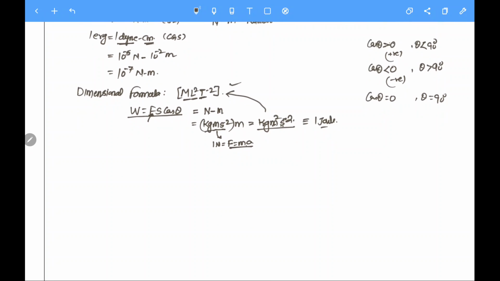Now we take some very simple examples of calculating the work for clear understanding. Suppose this is a mass m on which we have applied a force F, and the weight of the body is acting downward, and due to this force the object is moving up with some acceleration.